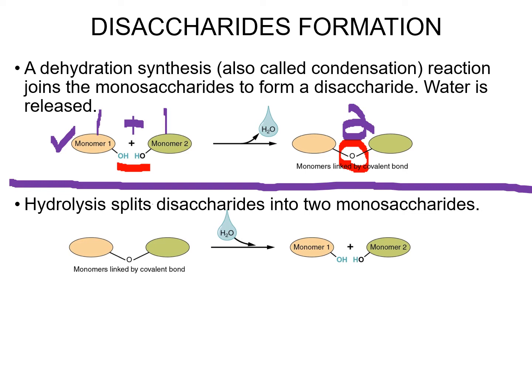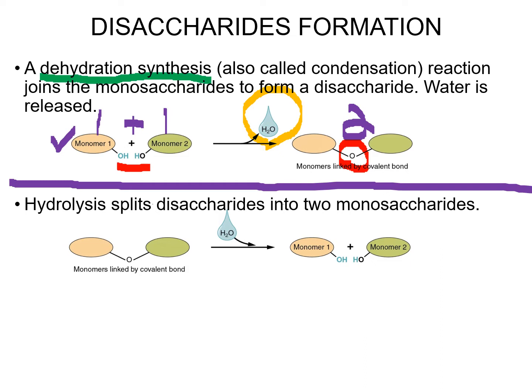So we have to lose an OH and then the other H. And when you put all that stuff together, magically, it equals a water molecule. So in order to build something, in order to go 1 plus 1 equals 2, or 2 plus 1 equals 3, or 10 plus 10 equals 20, we need to lose water. And whenever we lose water from a systemic standpoint, we call that we're dehydrated, right? And that's where we get this name of this type of reaction. This is called a dehydration synthesis reaction.